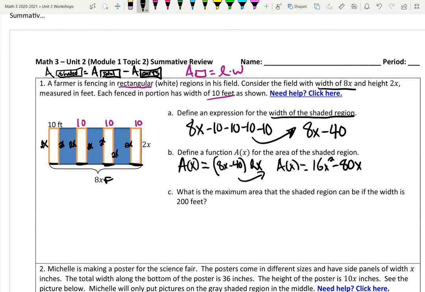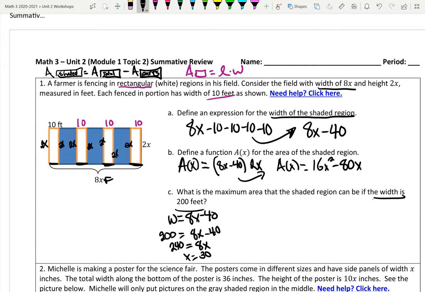What is the maximum area that the shaded region can be if the width is 200 feet? Well, the width was given to me in part A. The width is equal to 8x minus 40. So if the width is 200, I go into my equation solving abilities, and I get 240 is equal to 8x, leaving me to understand that x is equal to 30.